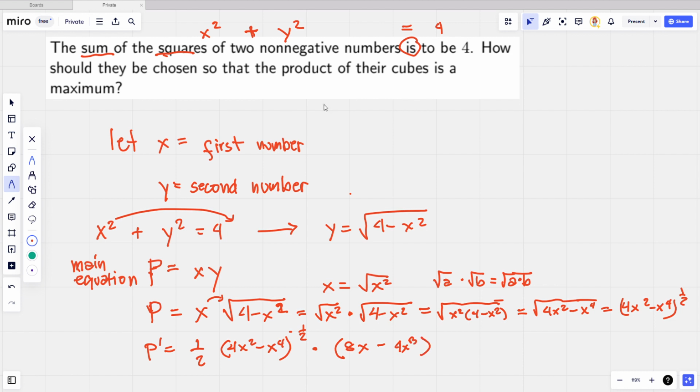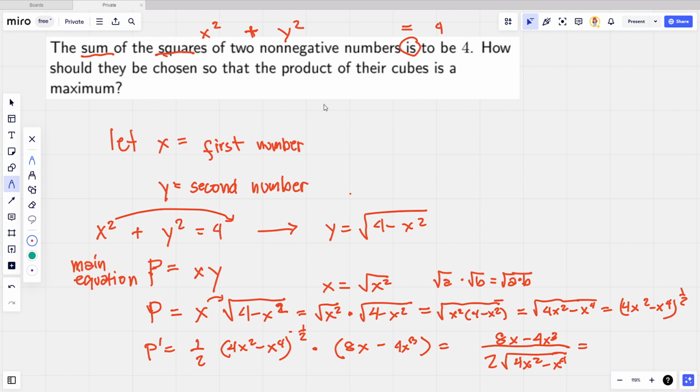So from there, simplifying, we would get 8x minus 4x cubed all over 2 times the square root of 4x squared minus x to the 4th. This is now the derivative of our given equation.